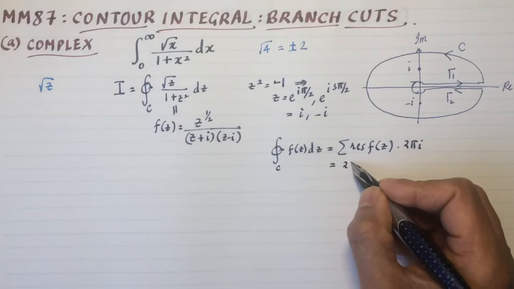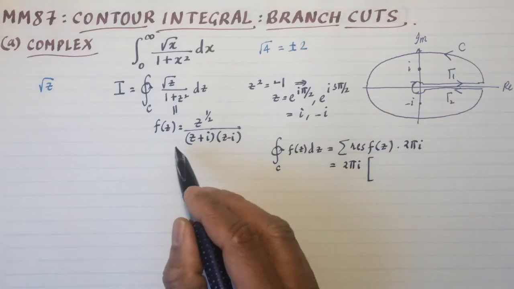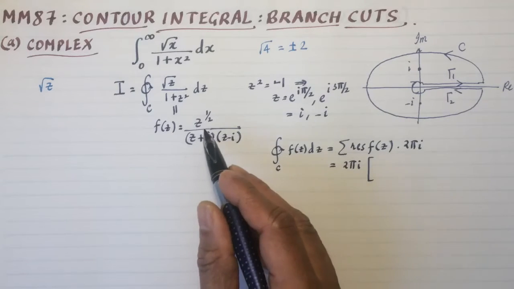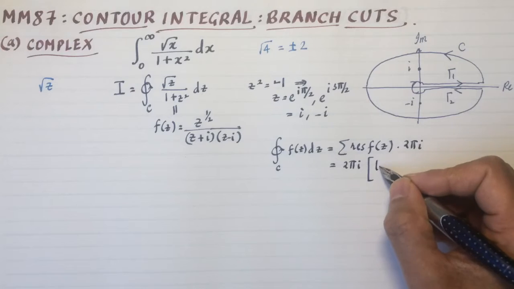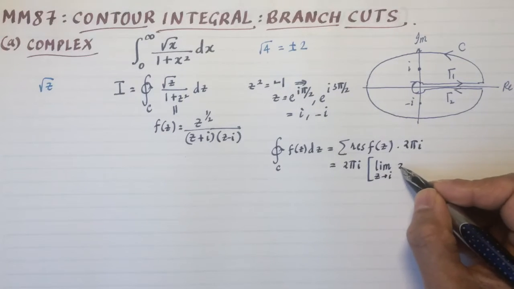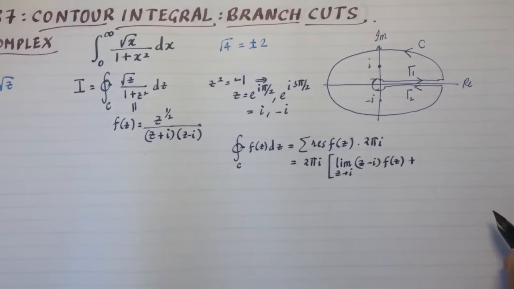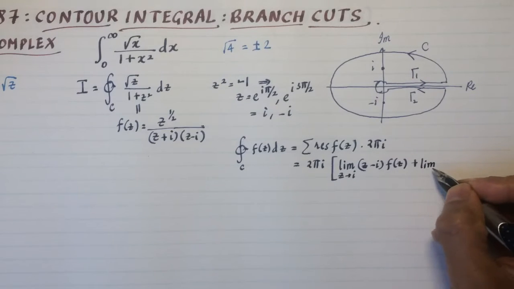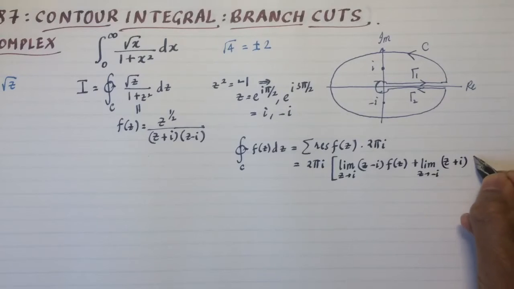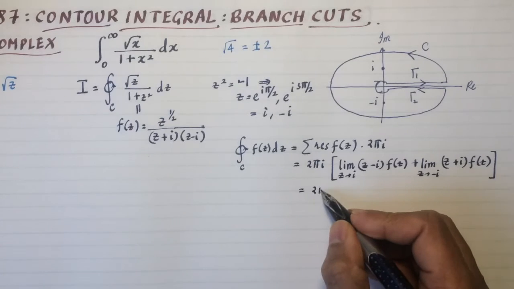These are just simple poles, so the residue at i is got by multiplying the whole thing by z minus i. So it's the limit as z goes to i of z minus i times f of z, plus the limit as z goes to minus i of z plus i times f of z. The simple pole recipe has to be used.